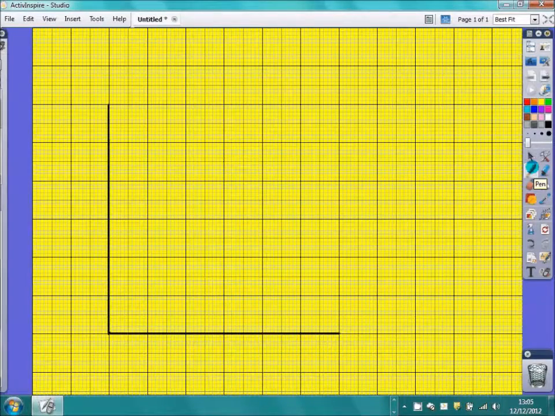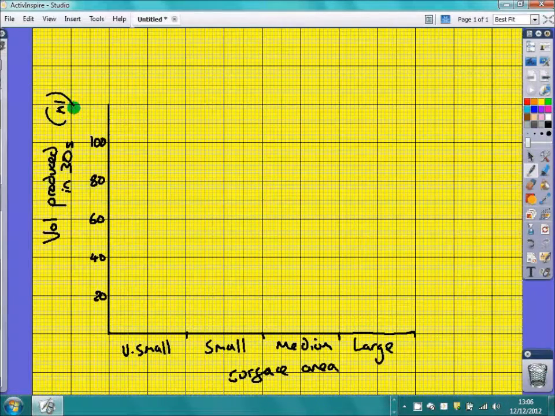So in this example, we're looking at surface area. So we're going to have a bar chart because I haven't got the exact volume. To draw our bar chart, first of all we have a look for the very small surface area, which produced 11 mil.